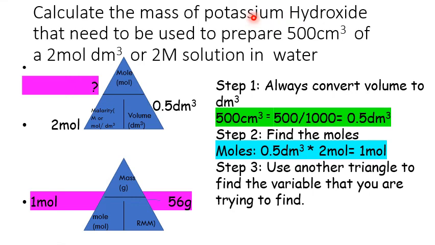Mass of potassium, plus the mass of oxygen, plus the mass of hydrogen gives me 56 grams. You have to use the periodic table for the RMM. They're not going to give you the RMM.